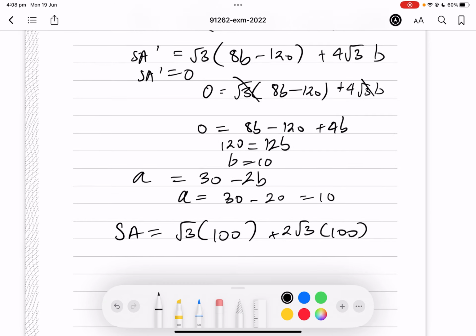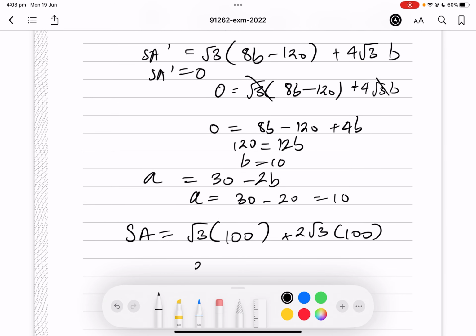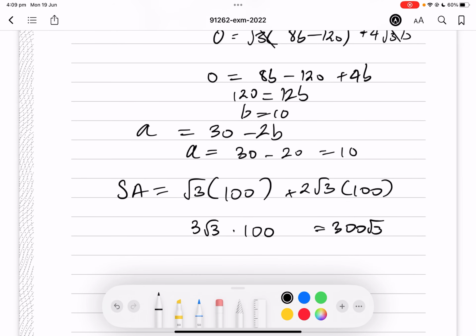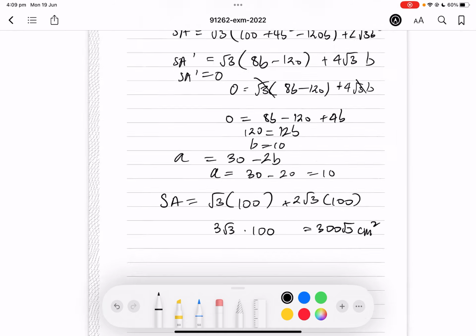So that's 300 root 3 in this case, and that's in centimeters squared.